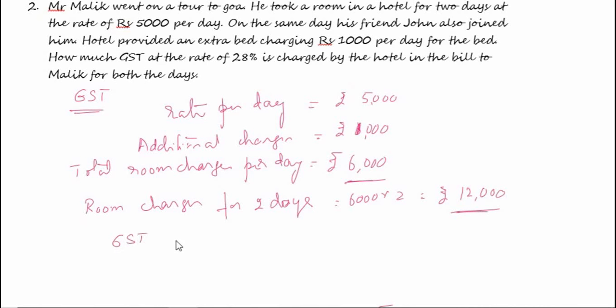So GST at the rate of 28% is the total charges into 28 divided by 100, which comes to 3,360 rupees. This has to be paid as the GST, that is the money collected by the hotel. This is quite a simple, straightforward problem.